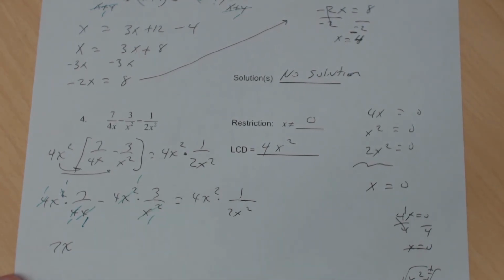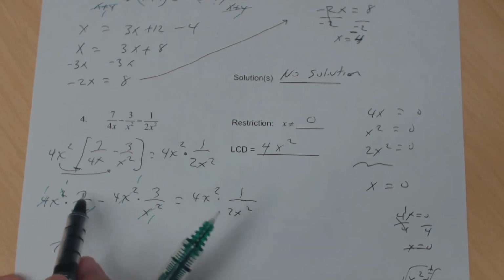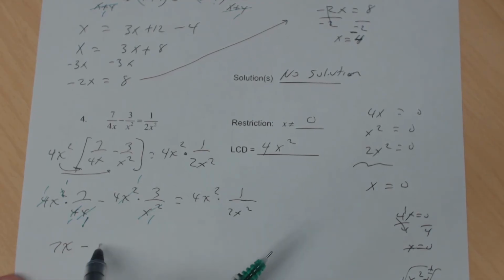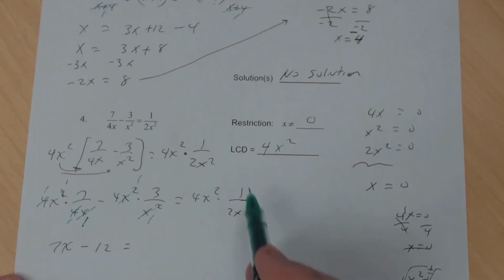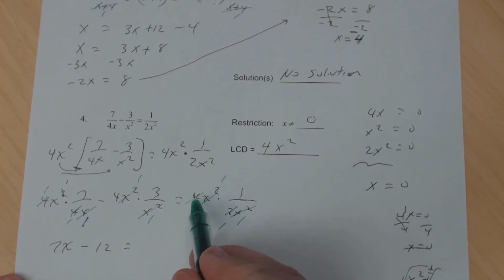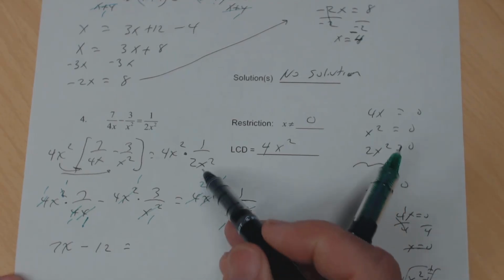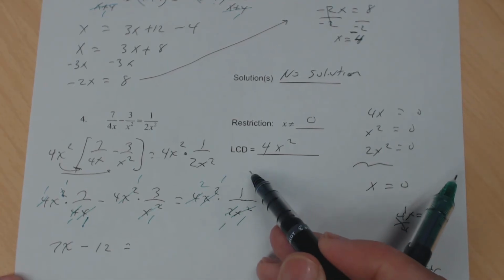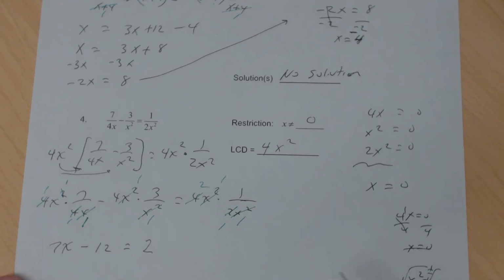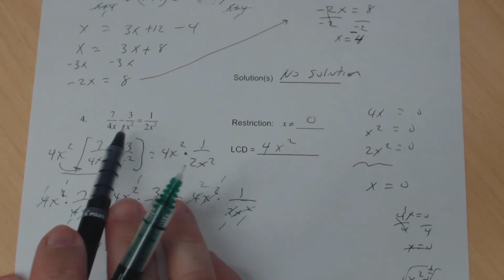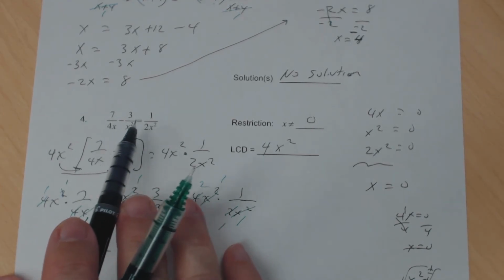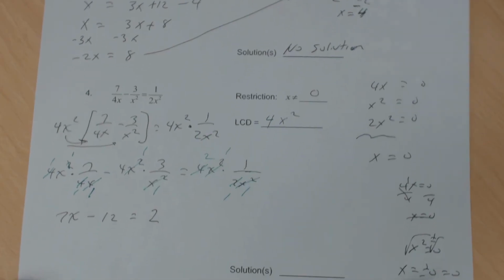So you get 4 times 3, which is 12. So this becomes 7x minus 12 equal. Over here, the x squareds divide out. 2 into 2 is 1. 2 into 4 is 2. So you get 2 times 1 times 1, which is 2. So I went from a rational equation to a linear equation.